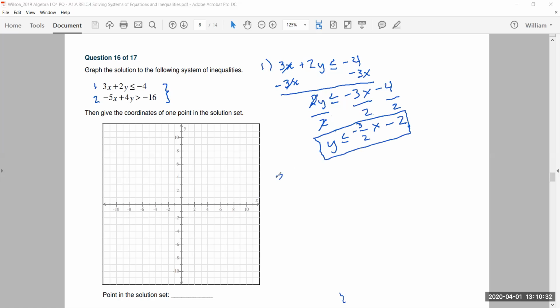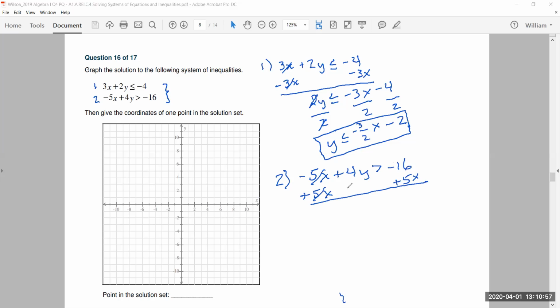Let's go to equation number 2. Equation number 2, we have -5x plus 4y is greater than -16. So again, we're going to do the same procedure. We're going to add 5x to both sides, trying to isolate the y on the left. So we'll add 5x to both sides.